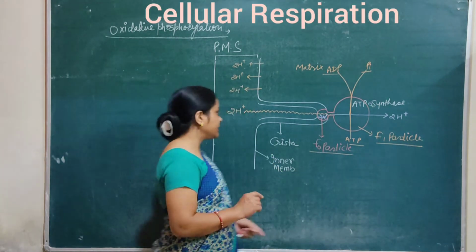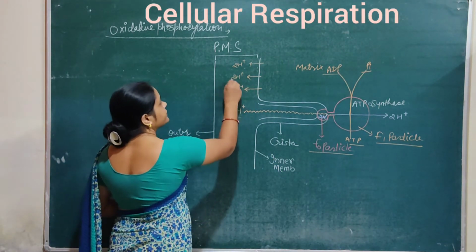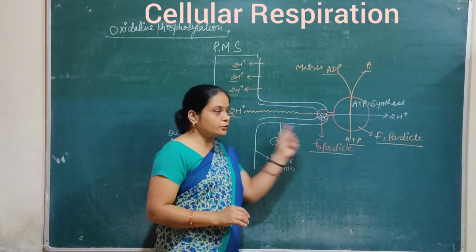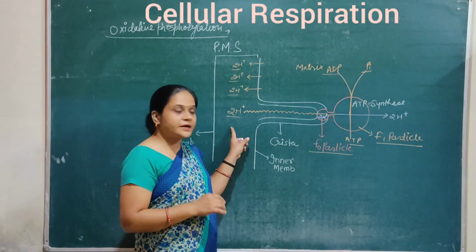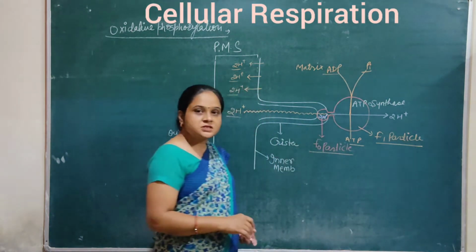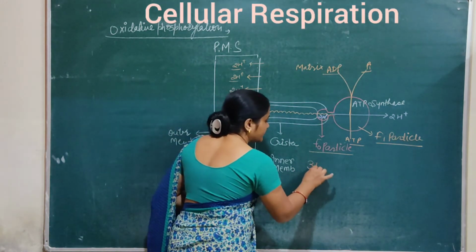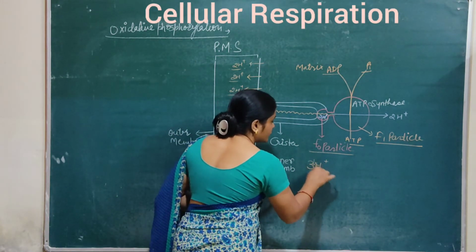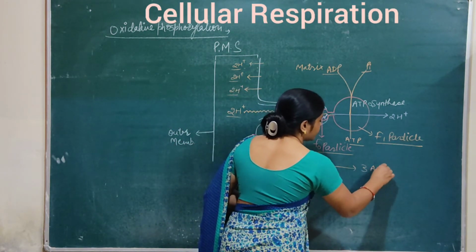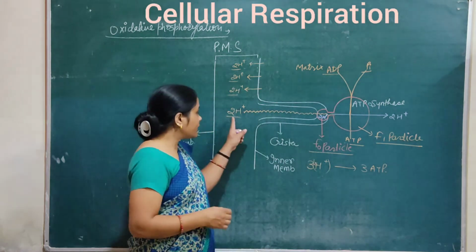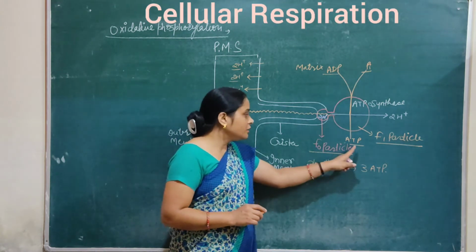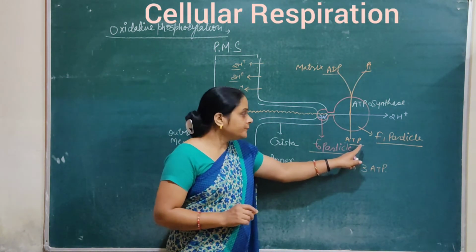Now what will happen here? There are 3 pairs of 2H positive. When one pair of protons is transported from the perimitochondrial space to the matrix, then one ATP molecule is formed here, and we can show that when the 3 pairs of 2H positive are transported, then 3 ATP molecules will be formed, because one 2H positive or one pair of protons is responsible for the formation of one ATP.